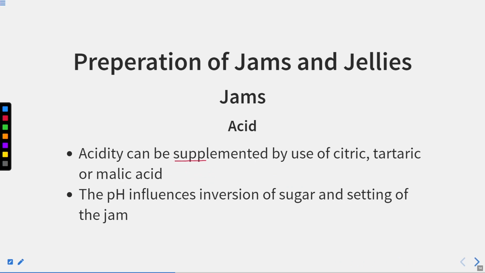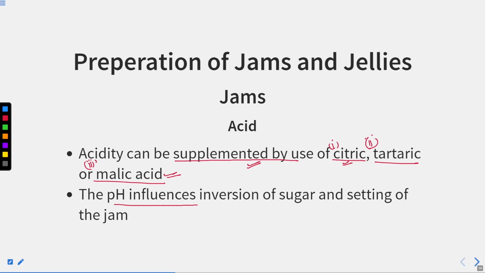Acidity can be supplemented by the use of citric, tartaric, or malic acid. These are the acids that can be used to supplement in the jam: citric acid first, second is tartaric acid, and the third one is malic acid.